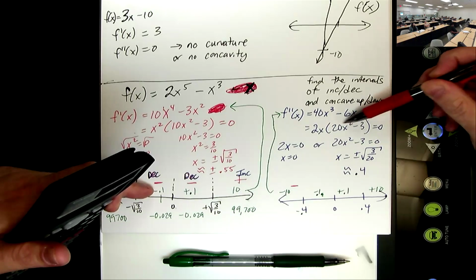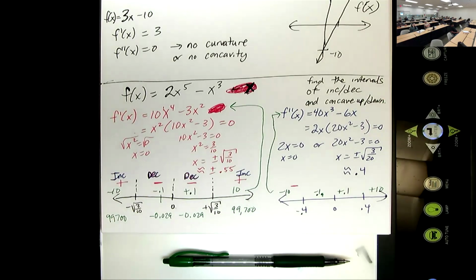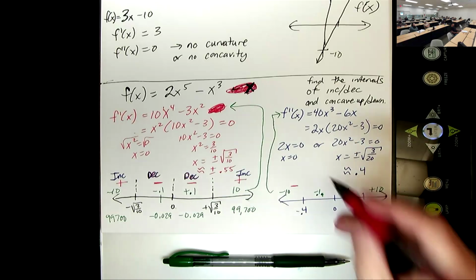So as long as 20 times this is greater than 3, this will be positive. It might be easier to do it in that one. Let's do it in that one. 20 times negative 0.1 squared minus 3 is negative. And then 2x is negative. This should be a positive region.